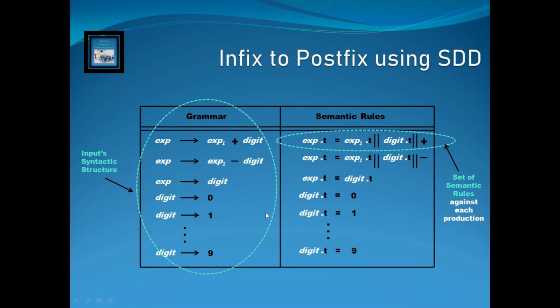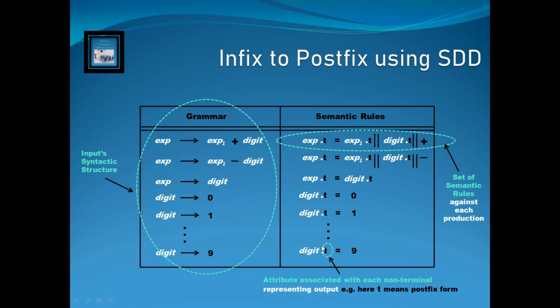Okay, so we have seen that for this particular kind of translation, from infix to postfix, we have used this two-column approach for syntax directed definition. In the first column the syntactic structure of the input is given, and in the second column the semantic rules are given, which show how to compute output from input.